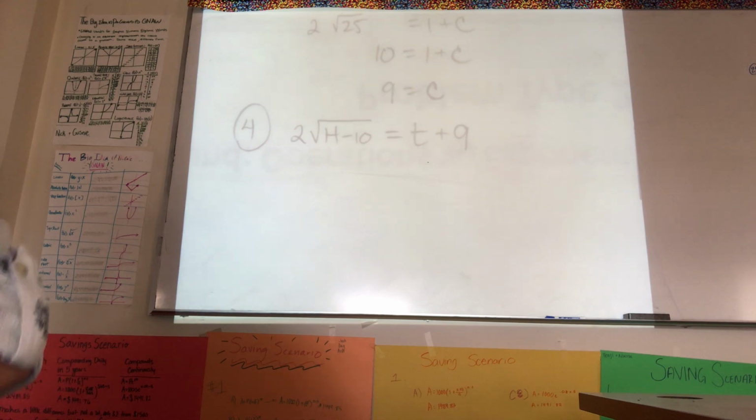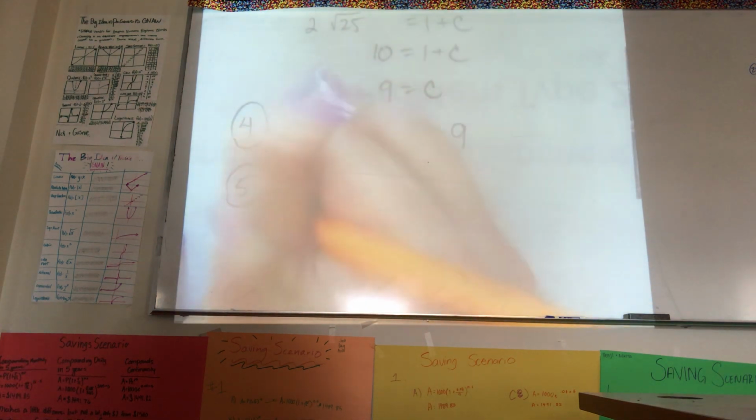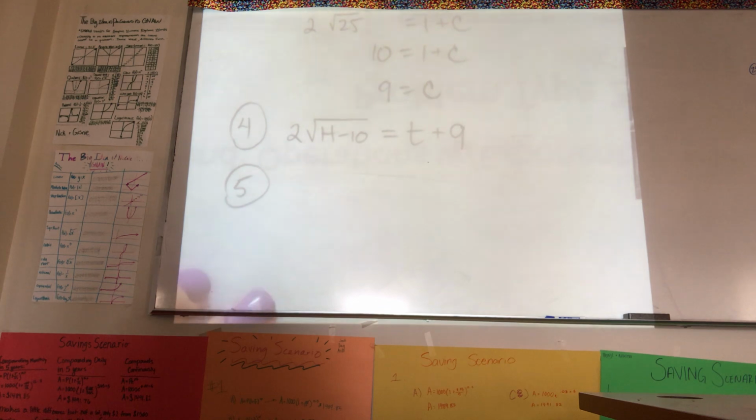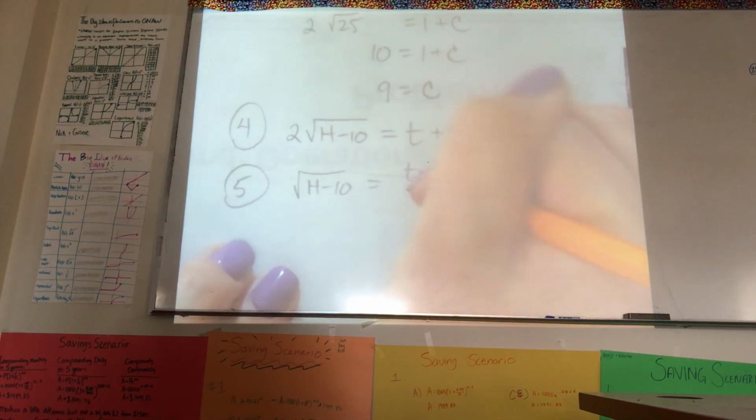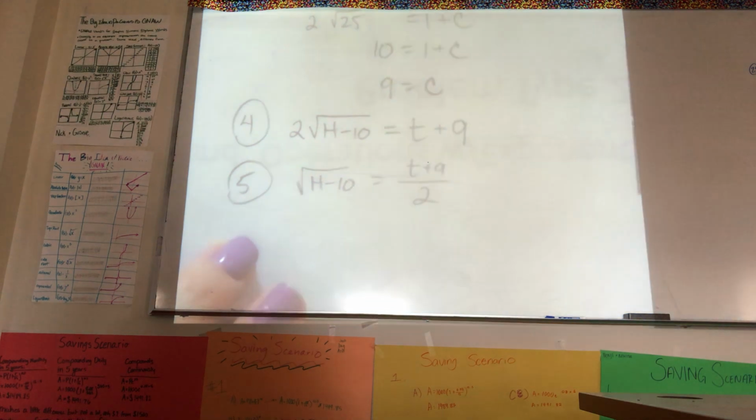Oh yeah, find the expression for H of T. Also, it tells you that it's realistic. Okay, so how am I going to find the expression for H of T? What do I do to both sides now to get H alone? Divide by 2. Square root of H minus 10 equals T plus 9 all over 2.